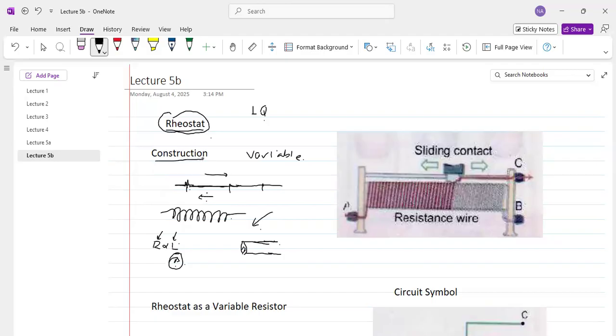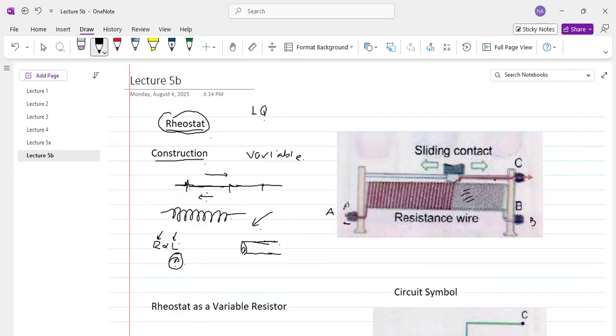Now let us talk about the construction of this variable resistor. Actually, the wire is wound on a cylinder. This is a wire wound on a cylinder. One end of the wire is connected to a terminal which is called A terminal, and other end of the wire is connected to a terminal called B terminal.